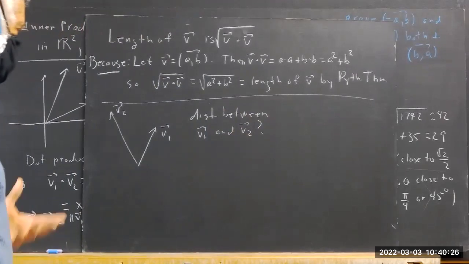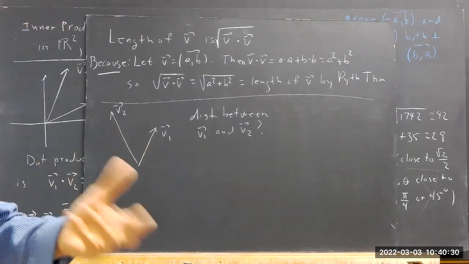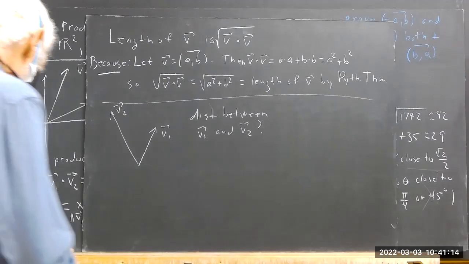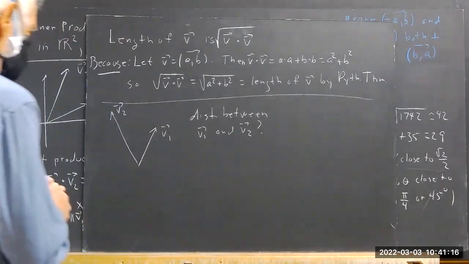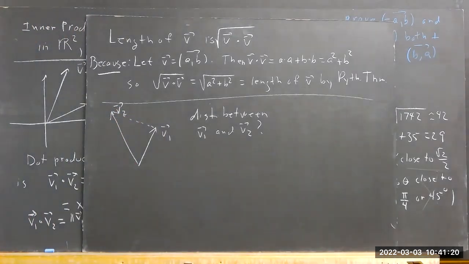Now, what's the distance between the V1 and V2 vectors? I asked you to draw that picture and show me where that distance would be. So I just want to see if you've got the idea, and I'll explain it a little more if you don't. Okay, distance between these vectors. Everybody drew a dotted line.